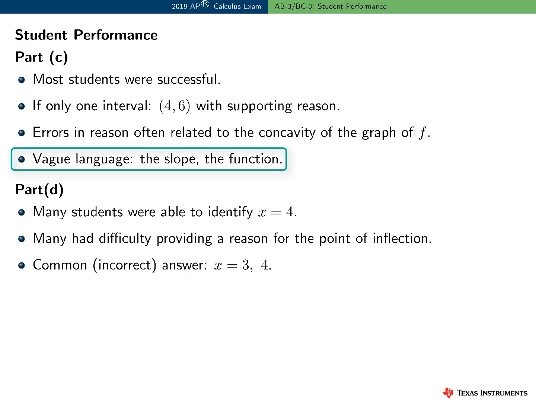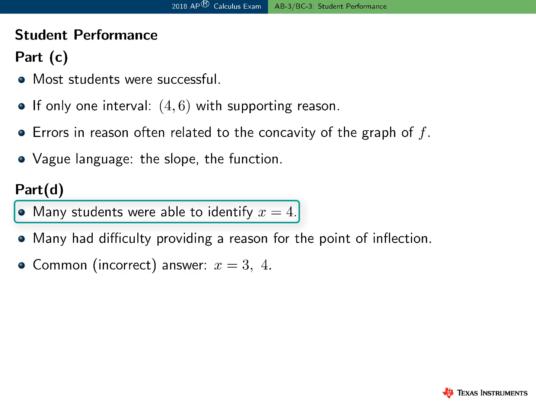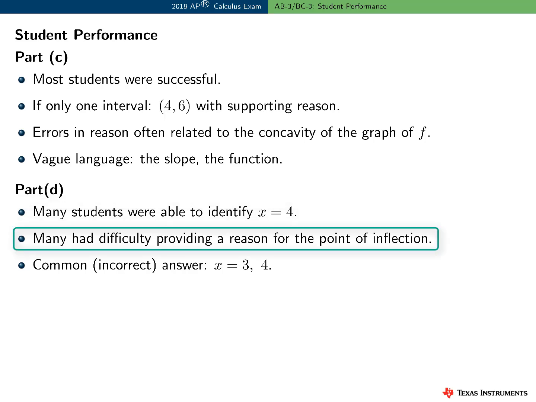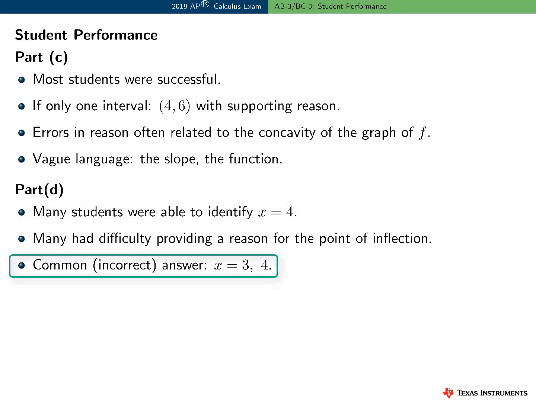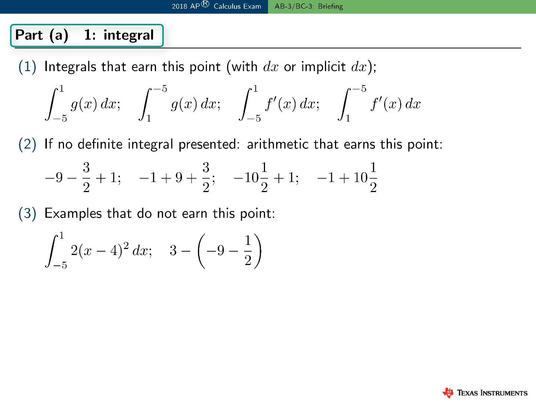Students need to specify exactly which slope or which function they are referring to. In Part D, many students were able to identify x equals 4, but many had difficulty providing a valid reason. And the most common incorrect answer was x equals 3 and x equals 4.